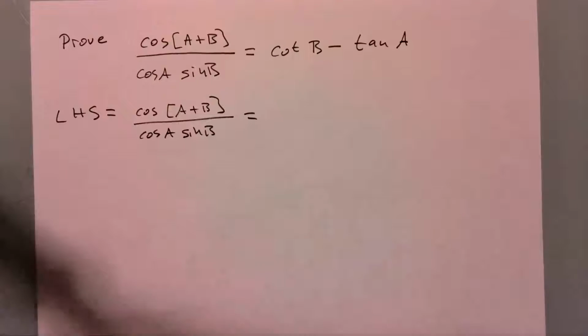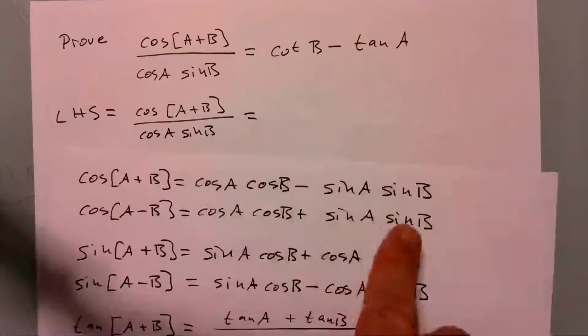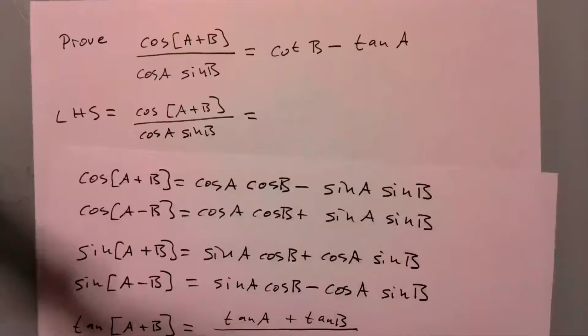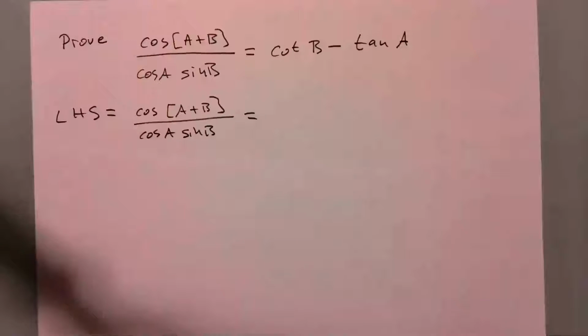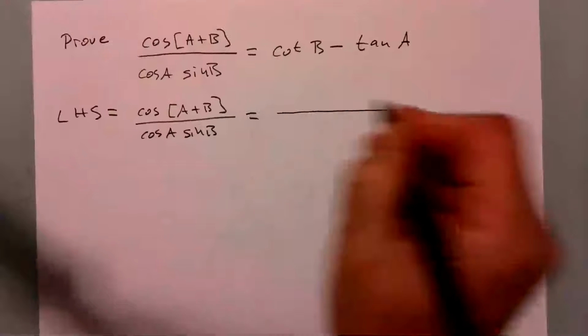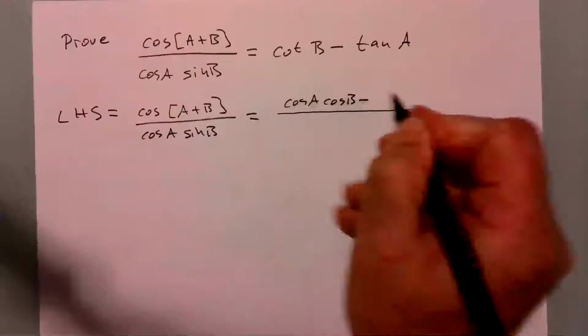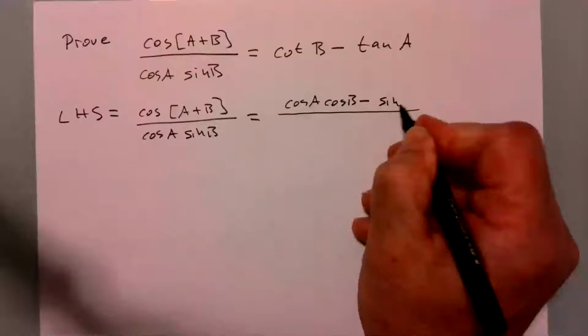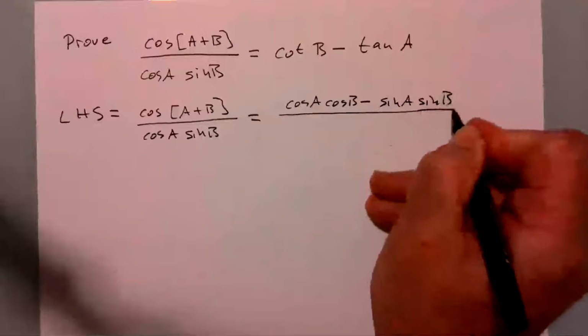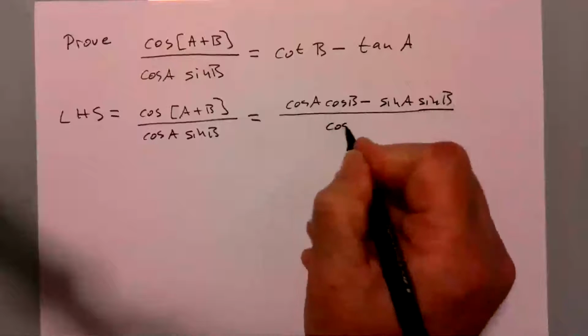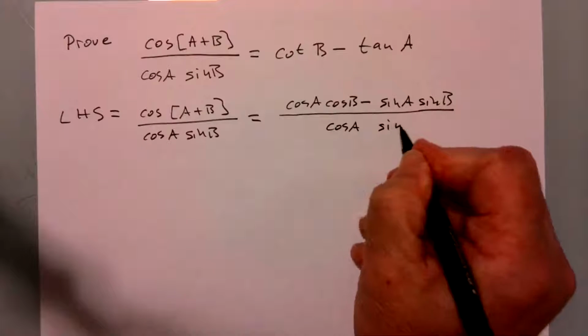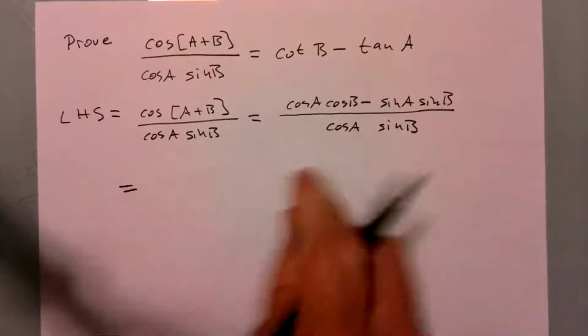We saw that cos A plus B is cos A cos B minus sine A sine B. So let's make that substitution. Cos A cos B minus sine A sine B all over cos A sine B. Now we have a common denominator.